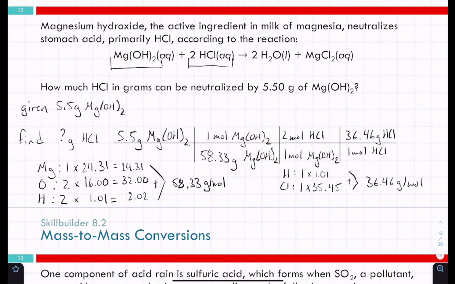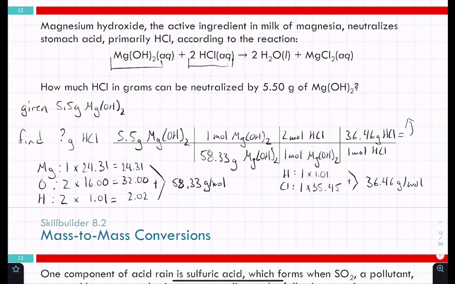Cool, so now we just multiply everything on top, divide by everything on the bottom. So 5.5 times 2 times 36.46 divided by 58.33. Just 58.33 is being divided.